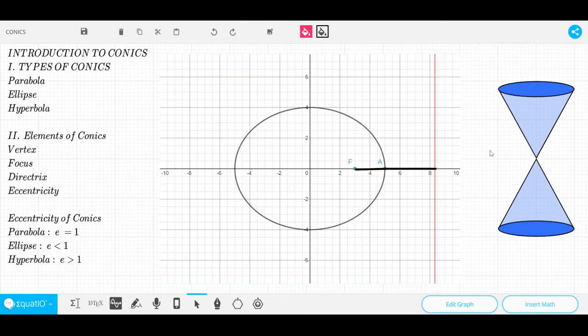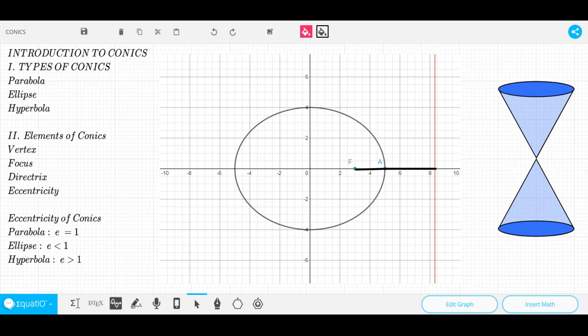So we've got to know that in the case of the parabola, the center is also the vertex, and it represents the midpoint between the focus and the directrix.